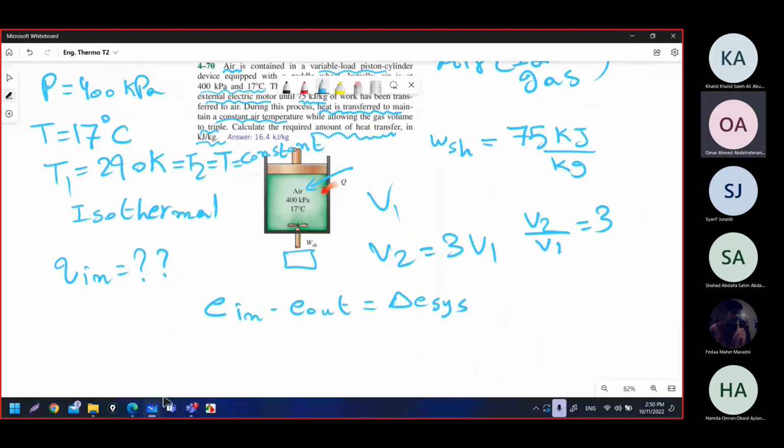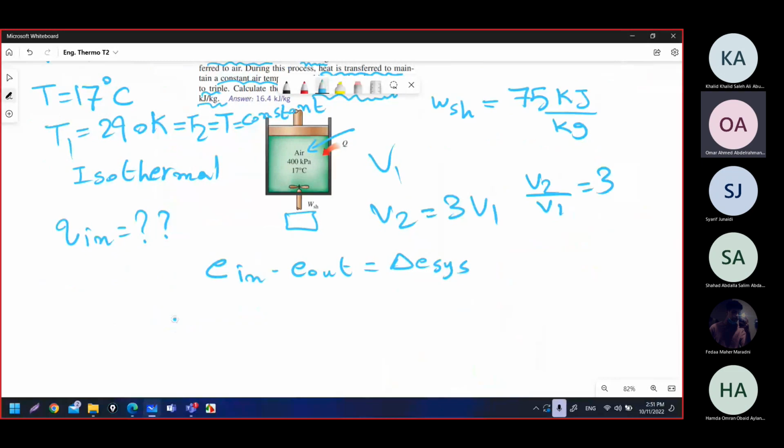E in, in general, contains Qn small plus Wn small. And E out contains Q out small plus W out. Usually we wrote this form like Q minus W equal to delta E system.